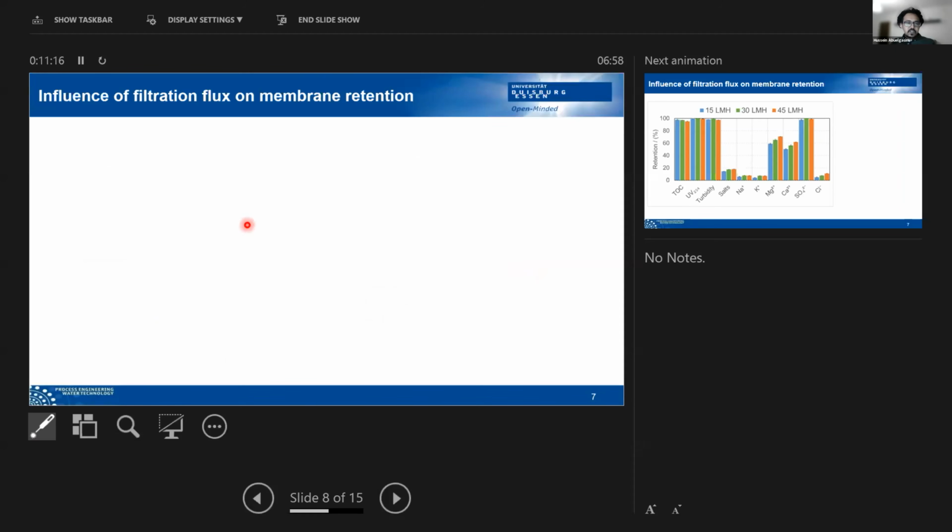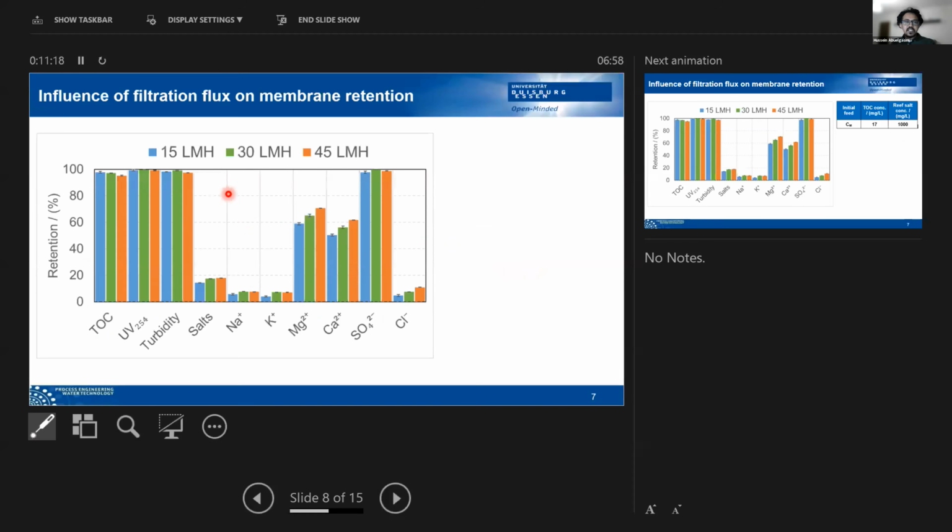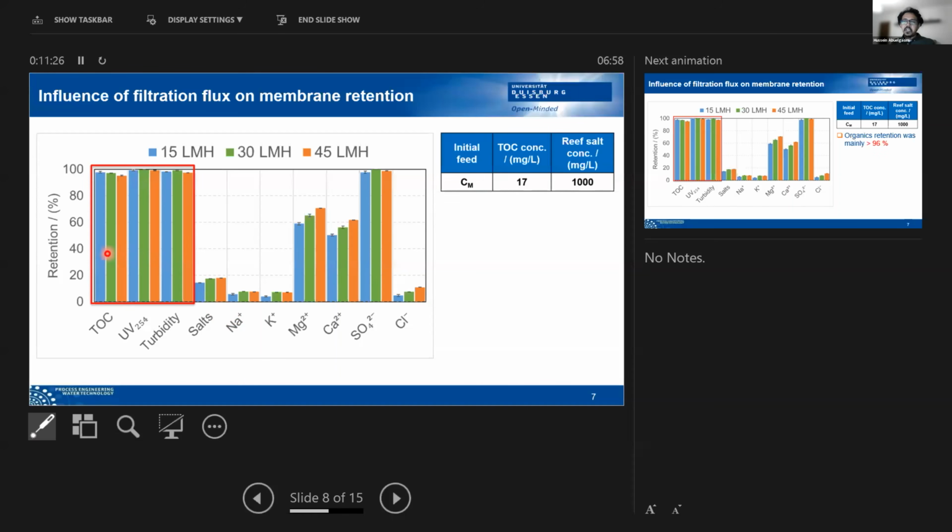The influence of the filtration flux on the membrane retention has also been studied, again in terms of organics and also in terms of the salt. As you can see here, the retention of the organics, whether TOC, UV, or turbidity, was mainly in a range of 96%.